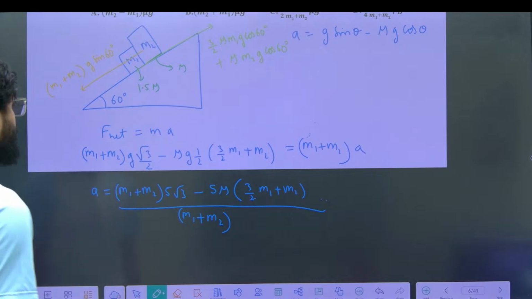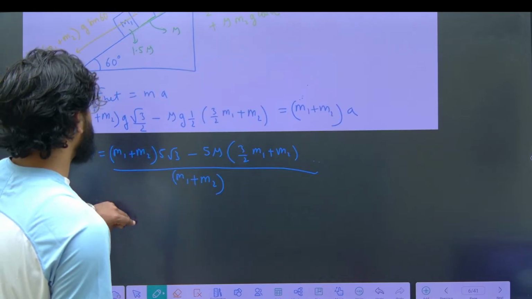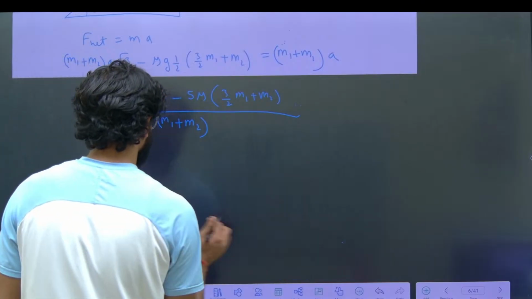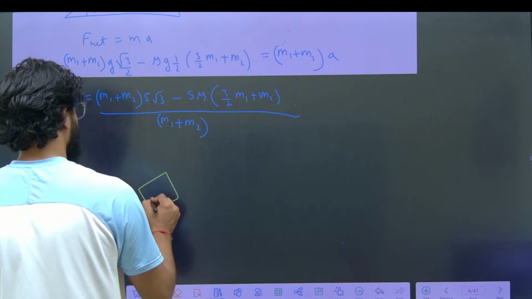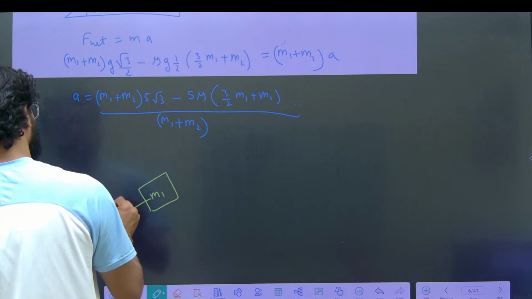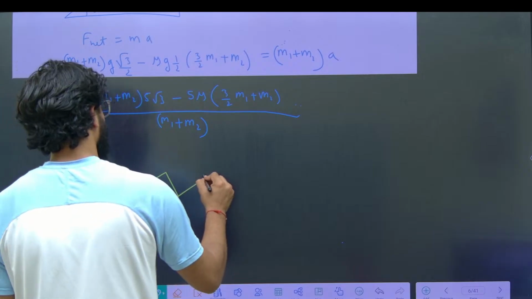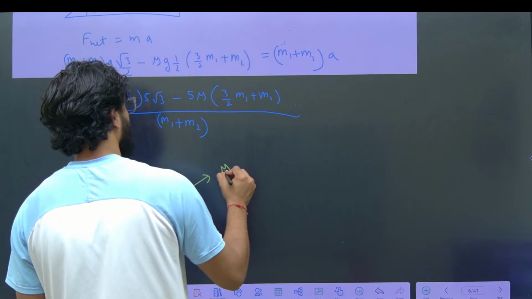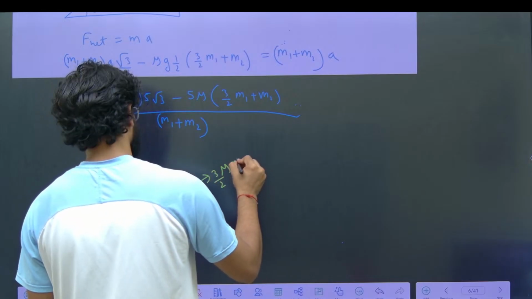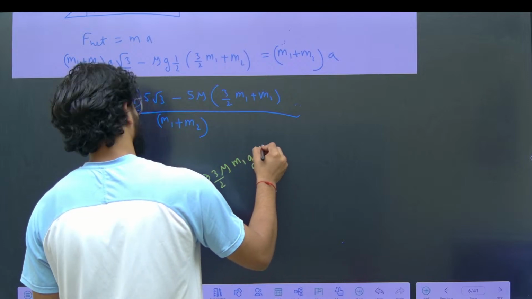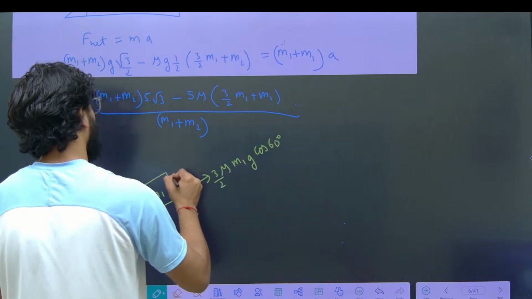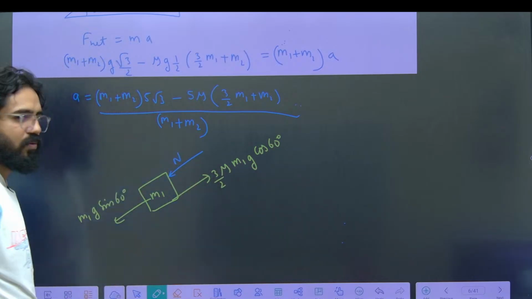Now we have to calculate frictional force between them. So if we can draw the FBD of m1, this is the FBD of m1, force over here is m1g sine 60, frictional force over here will be 3/2 mu into m1g cos 60, and additionally there will be one dhakka or the normal force over here, right?